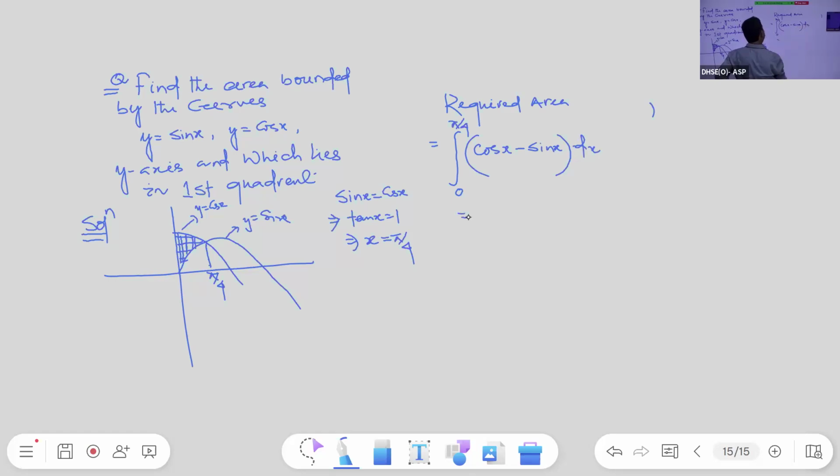This is equal to sin x plus cos x, and the limit is 0 to pi over 4.